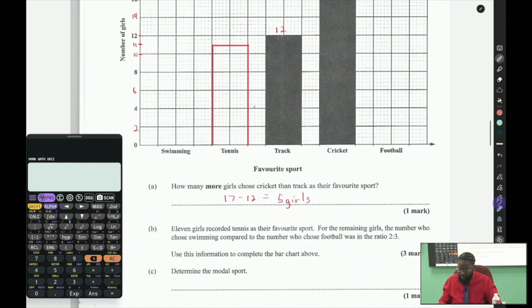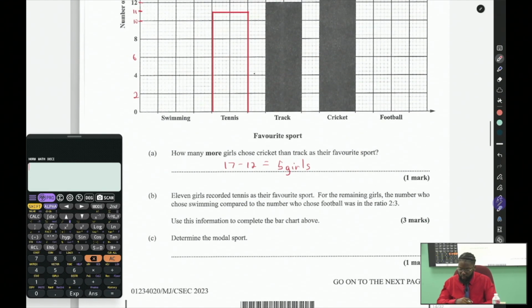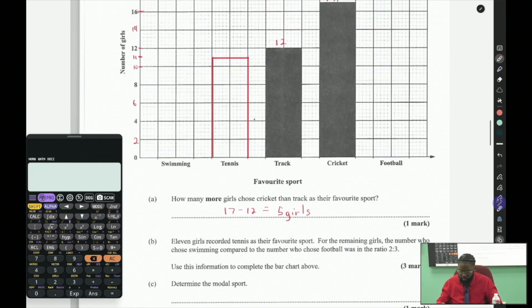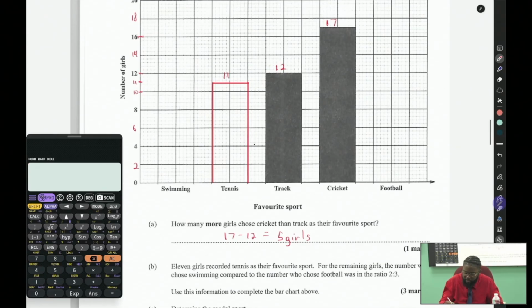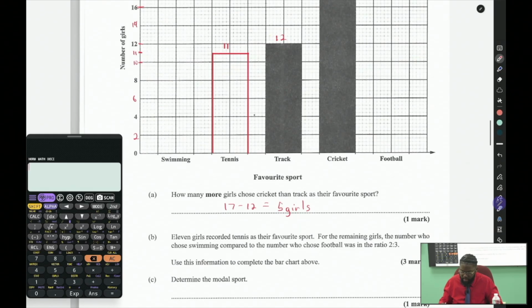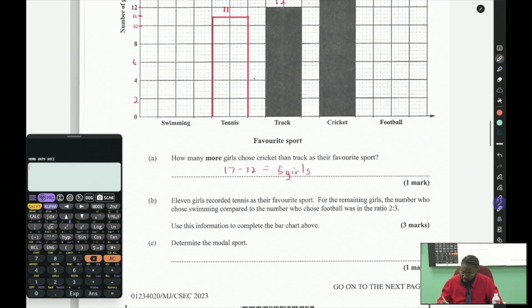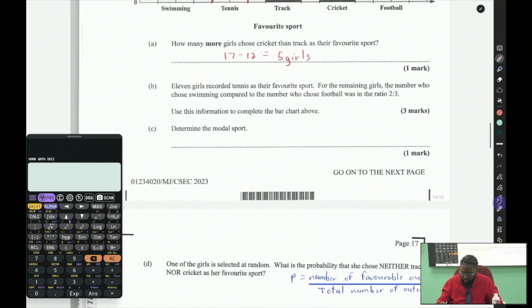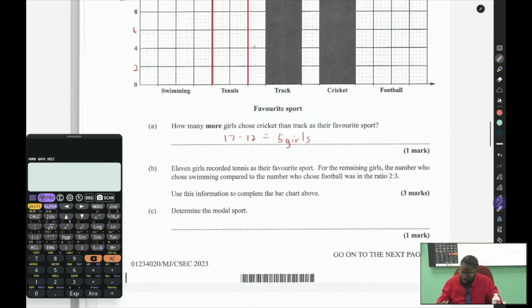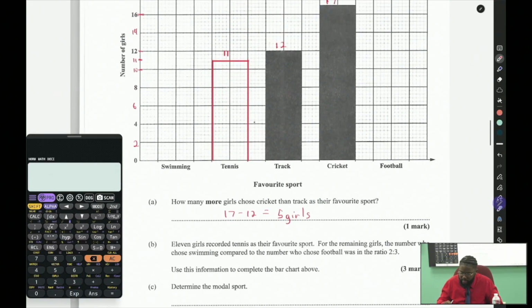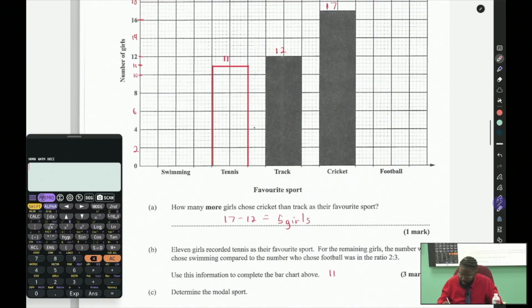For the remainder of girls, the number who chose swimming compared to those who chose football was in the ratio of 2:3. So based on what we just found, we need to figure out how many remaining girls there are. So it's going to be 11 plus 12 plus 17.